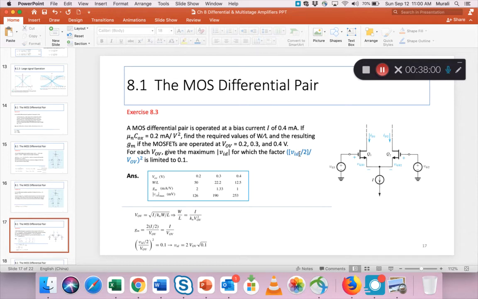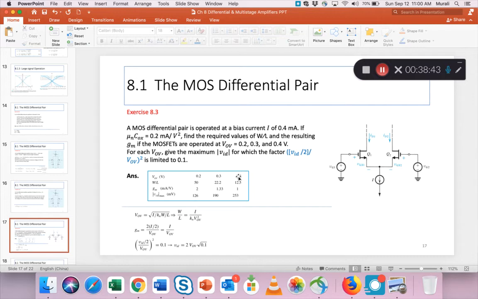Now remember, VID by 2 by VOV is some kind of small signal condition, right? So if that factor is limited to 0.1, then what is the maximum VID allowed? So you see how the VID is in millivolts, right? So this is the maximum in the answers. You can see that you're allowed to go up to a peak-to-peak signal of about 126 millivolts, 190 millivolts, 253 millivolts as your VOV goes higher, 0.2, 0.3, 0.4.